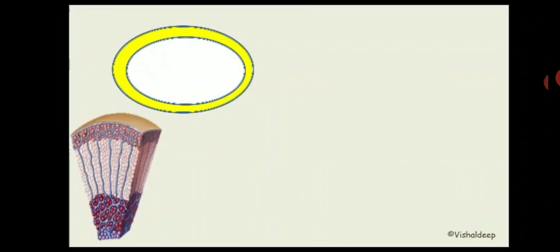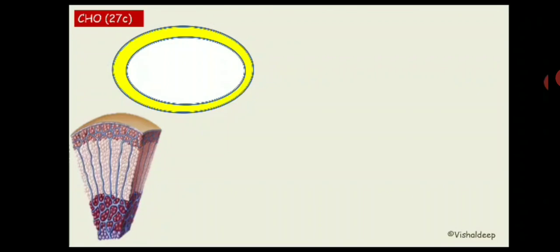Now the cholesterol will eventually end up inside the steroid making cell. It may be the glucocorticoid making cell, the mineralocorticoid making cell, or the sex hormone making cell. Cholesterol will enter inside the cell by a receptor known as the LDL receptor.